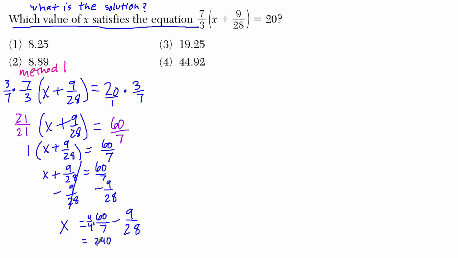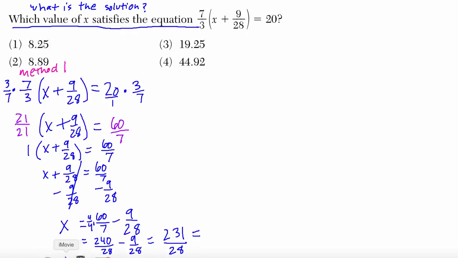240 over 28 minus 9 over 28, which gives us 231 over 28. All right, so there we go. We can try to simplify that if we want, but if we look at our answer choices, since this is multiple choice, the answers are given in decimal form, and this is in fraction form. The easiest way is to convert our fraction to a decimal.